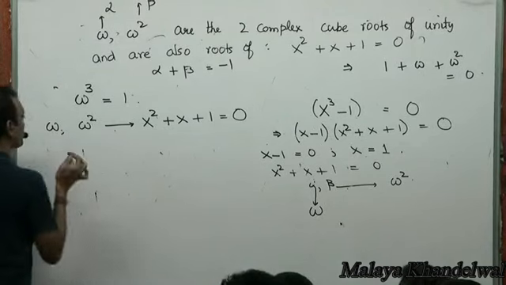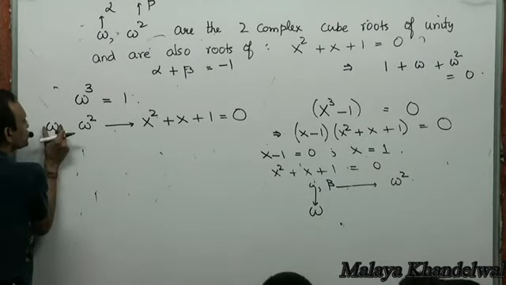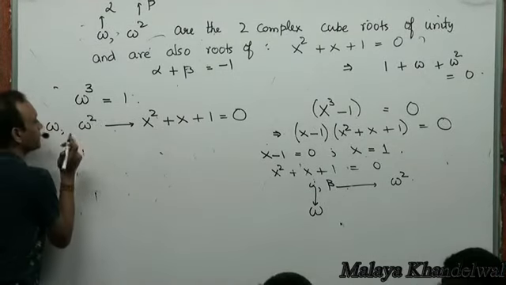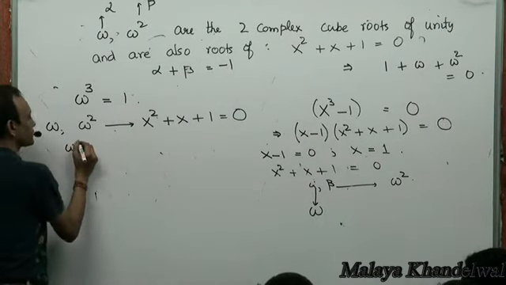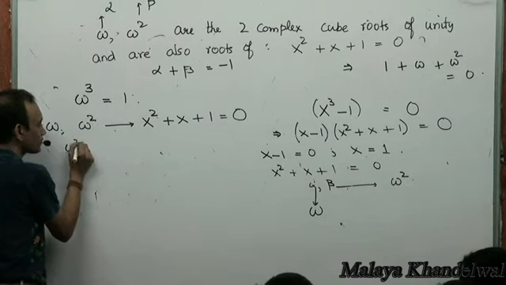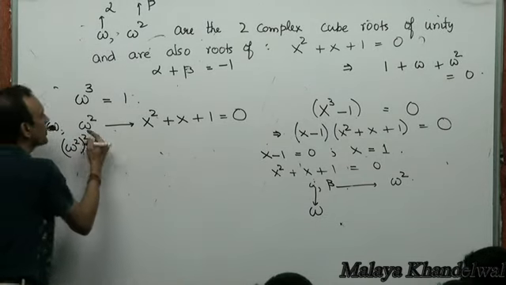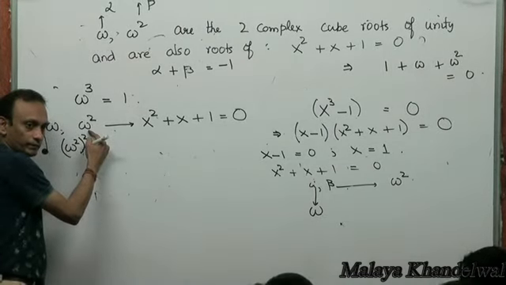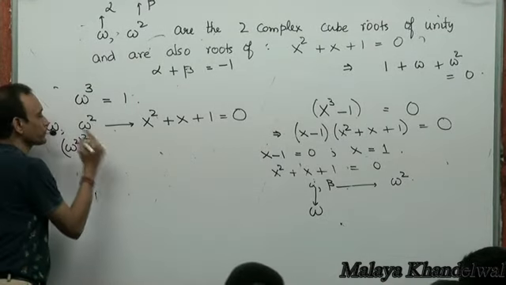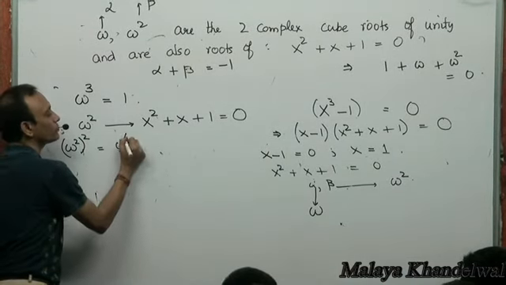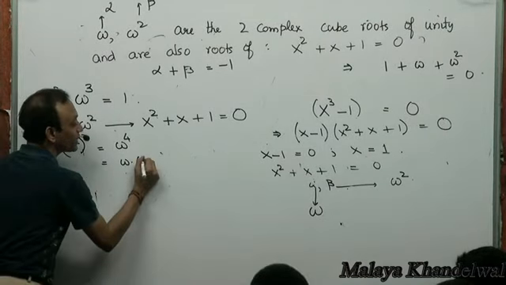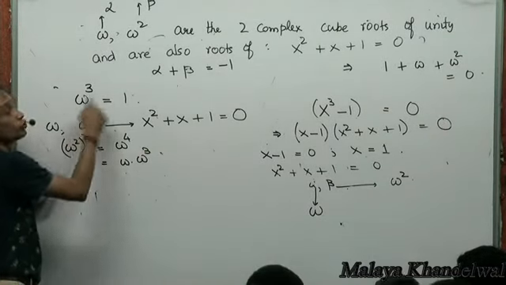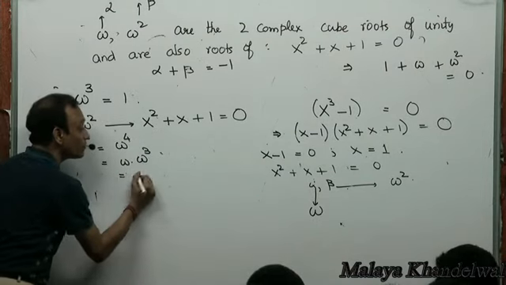Now, this is one, this is another one. If I square this cube root of unity, I get omega to the power 4, which is omega into omega cubed, but omega cubed is 1, so this is omega.